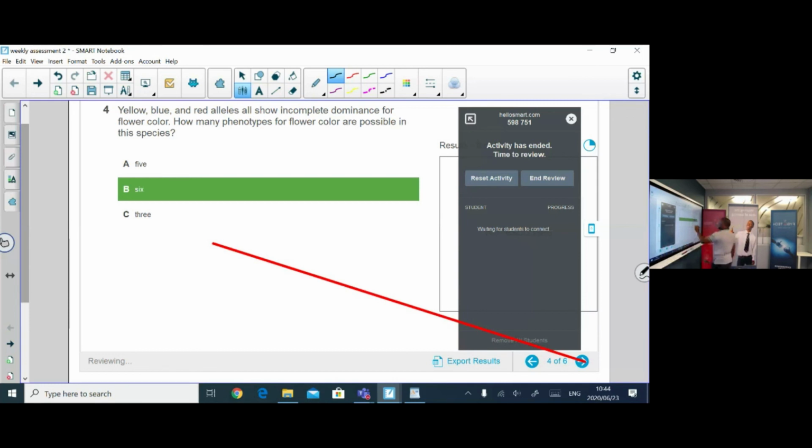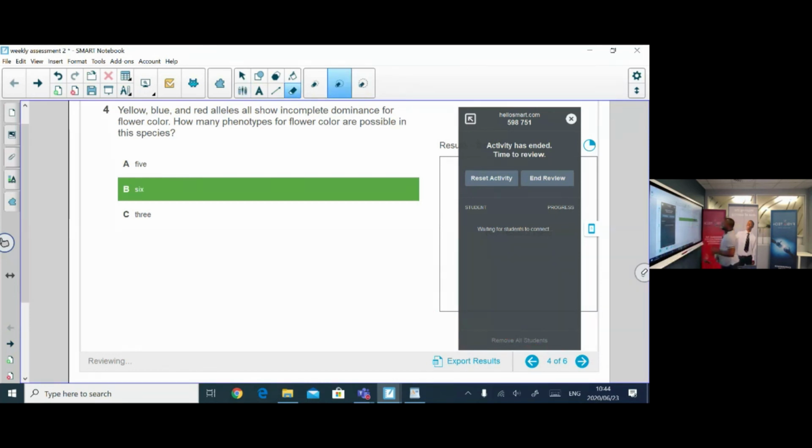The answer is 6. The flower could be yellow, blue, or red. That's 3. Or it could be yellow and blue, that's 4. Yellow and red, that's 5. Blue and red, giving us 6. Wonderful.